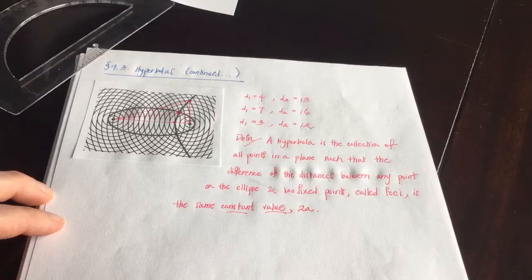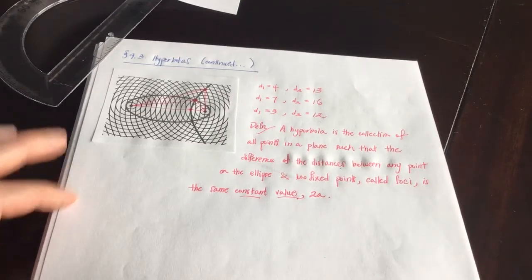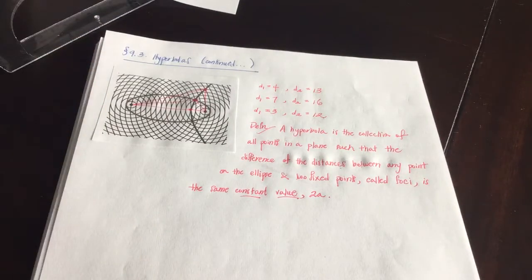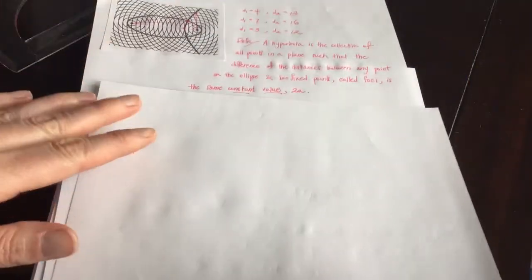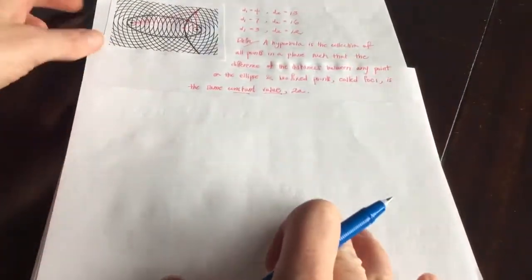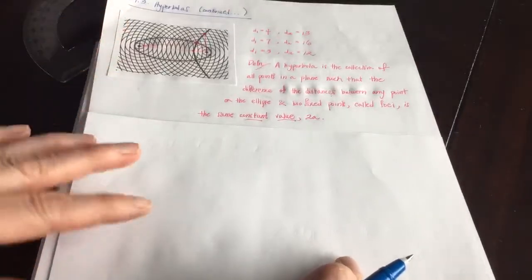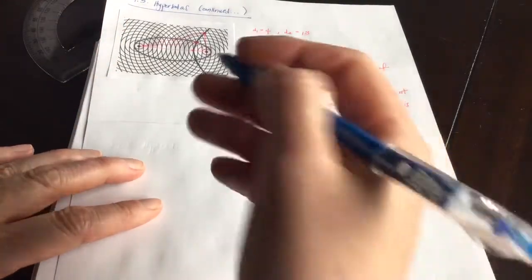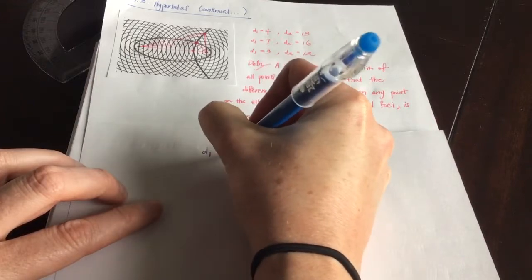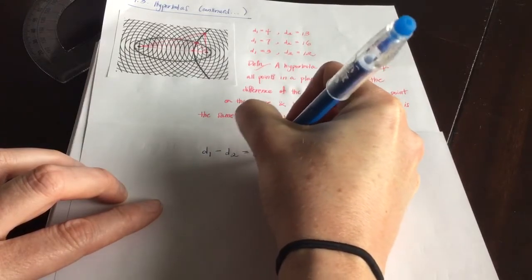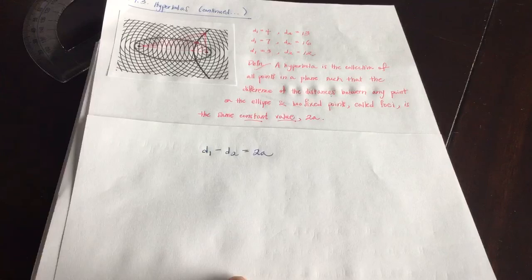So what is that going to do for us? It's going to help us get started with our derivation. The derivation is going to start out with the distance formula. So d1 minus d2 has to equal 2a.